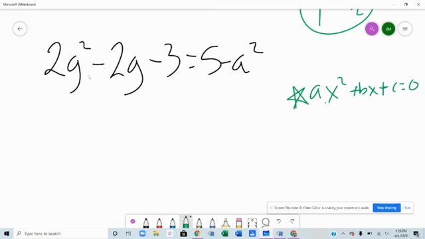So we do not have equals 0, so we need to move things to where we can get it to equal 0. Now, it does not matter if you move the things from the left over to the right, or if you move the things from the right over to the left. I recommend you move the least amount of terms. So the left side has 3 terms, the right side has 2. So I would move these 2 terms over to the other side.